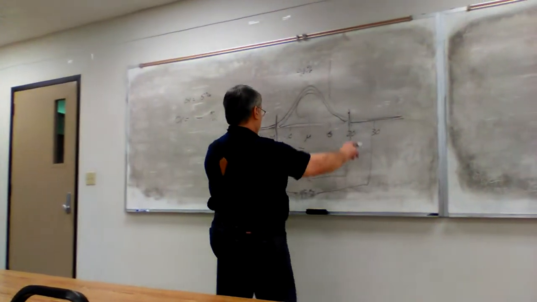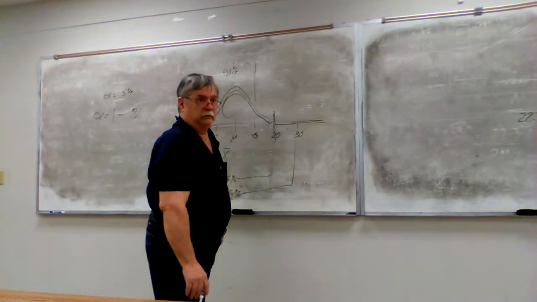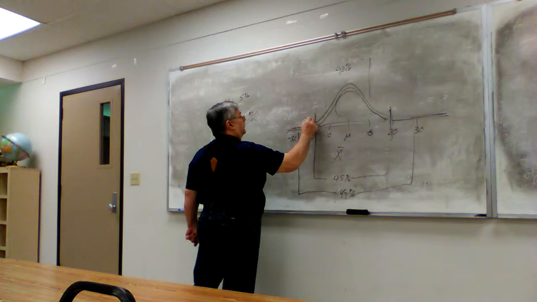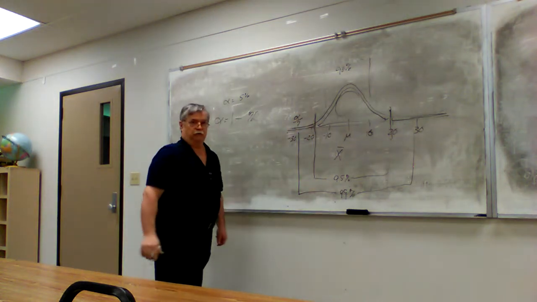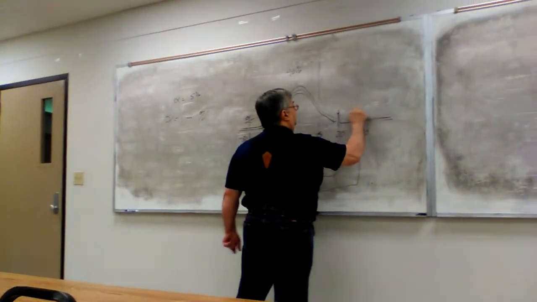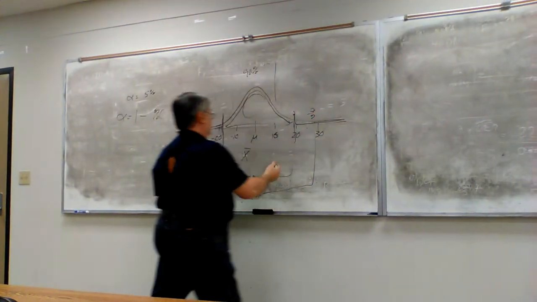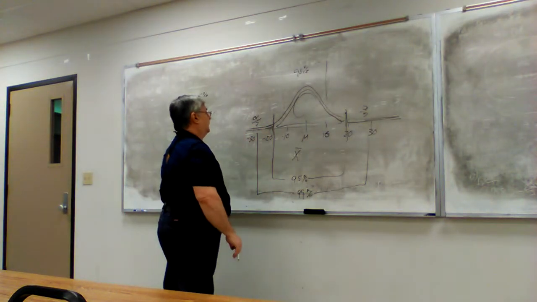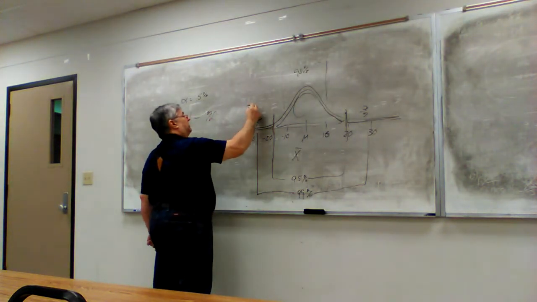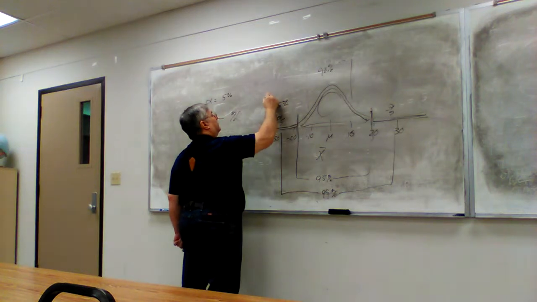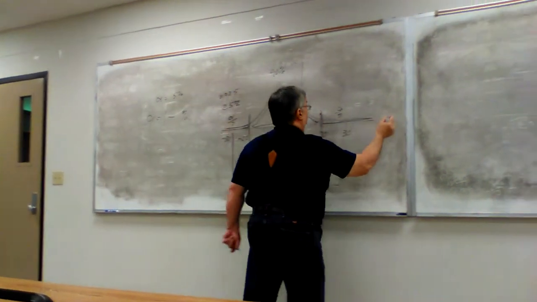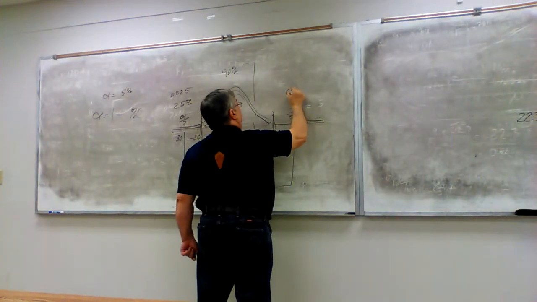Now, why alpha over 2? Because there are 2 wings. So, here, this side is alpha over 2, and this side is alpha over 2. So in the case of the 95% interval, alpha over 2 to the left is 2.5%, or 0.025. Alpha over 2 to the right is the other 0.025.